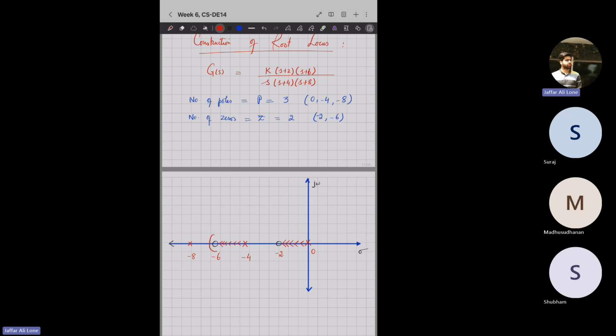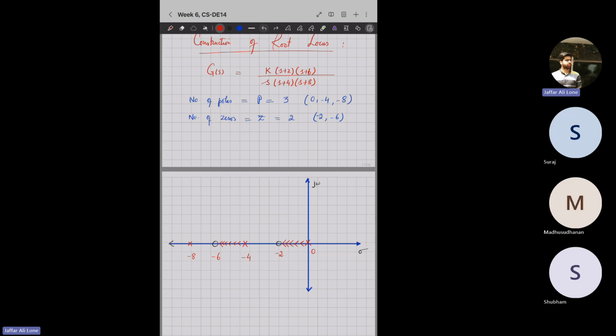Why? Because if you consider the point minus 6, to the right of it there are 2 poles and 1 zero, the sum of which is 3. It means this region lies on the root locus, but it should start from a pole or terminate at a zero, so we draw it like that. Again, similarly, consider the point minus 8. To the right of it, we have 2 poles and 2 zeros.